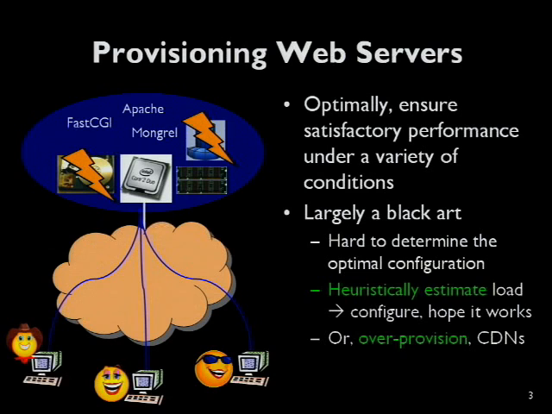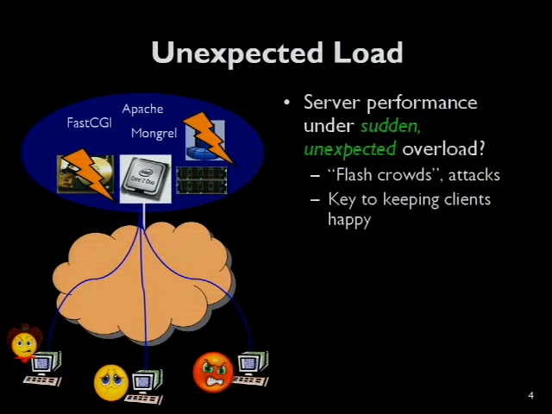Now, with these techniques, like heuristically estimating or even over-provisioning, server operators typically are left with very little sense of how exactly their server infrastructure will function when subject to some kind of a sudden overload, right? In particular, how exactly different resources or components of the server behave when subjected to a sudden increase in request volume.